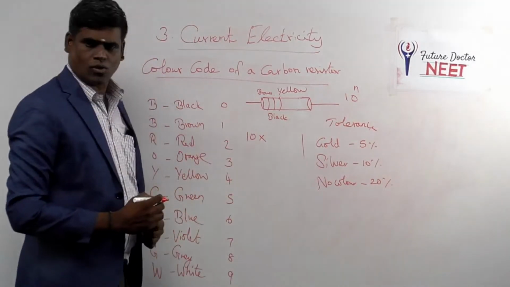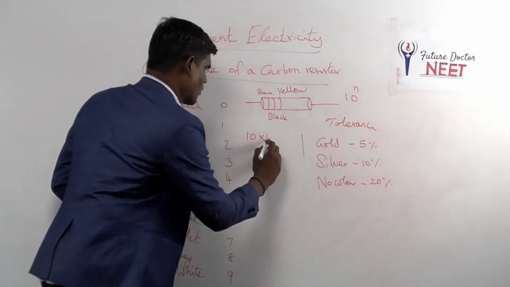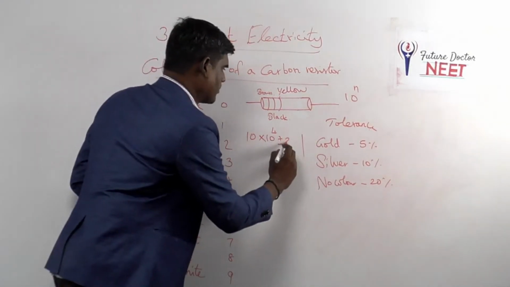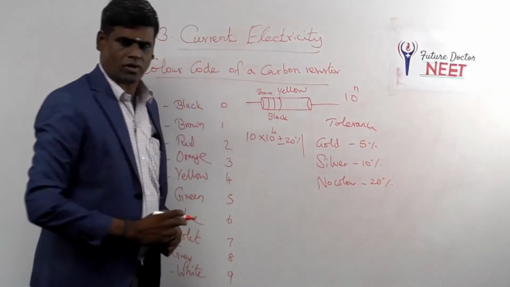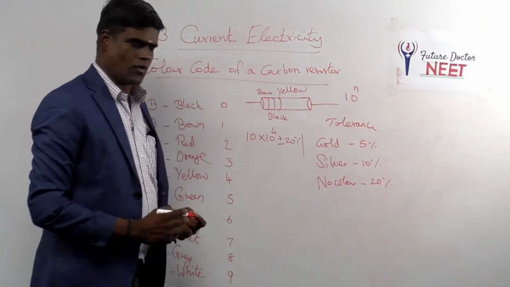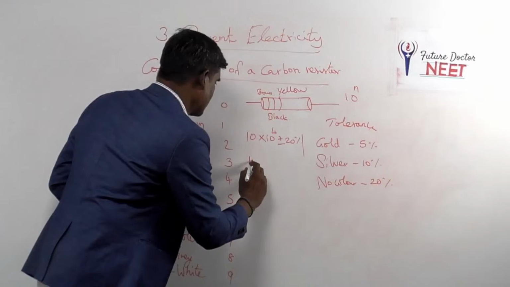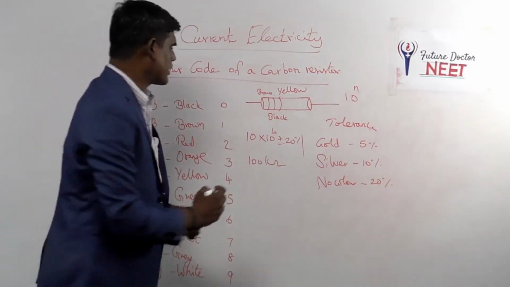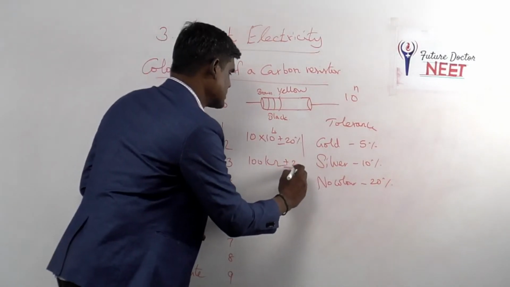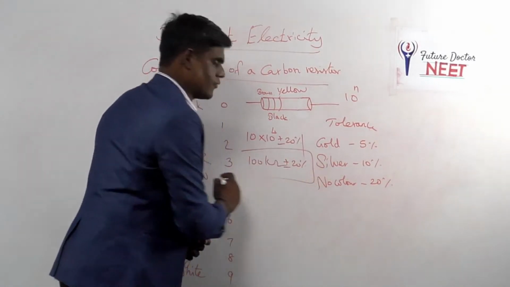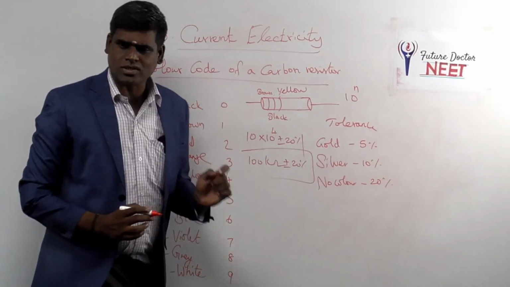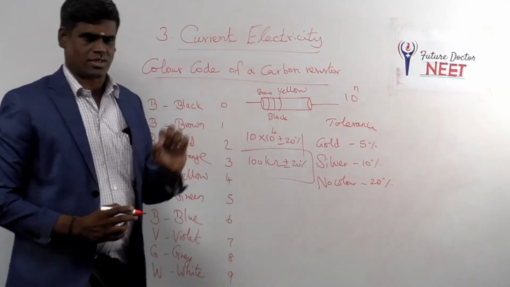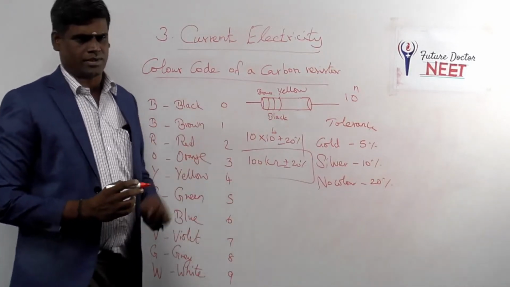What's the value of yellow? 10 power 4. And plus or minus 20%. Okay. So 10 into 10 power 4, this you can write as 100 k ohm, 100 into 10 power 3. So 100 kilo ohm plus or minus 20%. Okay. So like this only we can determine the value of a given carbon resistor.